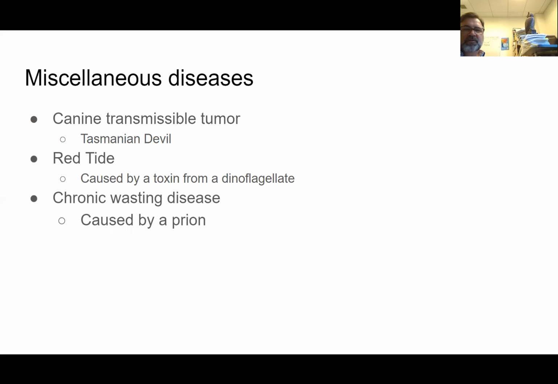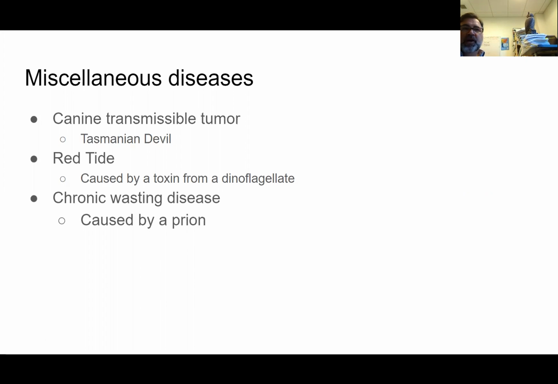Not only does it kill fishes, if you look up video footage of the red tides that recently happened in Florida, it kills manatees, sea turtles, as well as tens of thousands of fish. It's bad news.